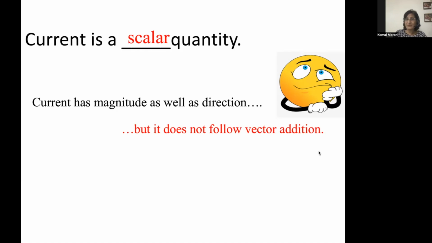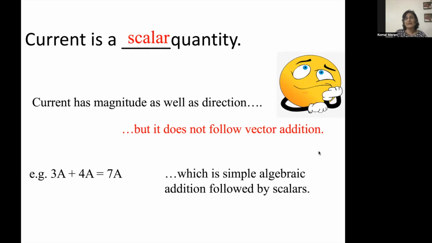Let me give you a simple example. 3 amperes plus 4 amperes is 7 amperes. This is simple maths, or simple algebraic addition, which is followed by all the scalar quantities. Had it been a vector, it wouldn't have followed this kind of addition. So remember, current is a scalar quantity, although it has magnitude and direction.